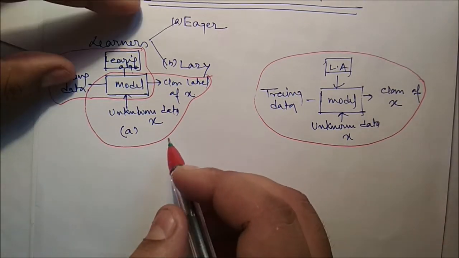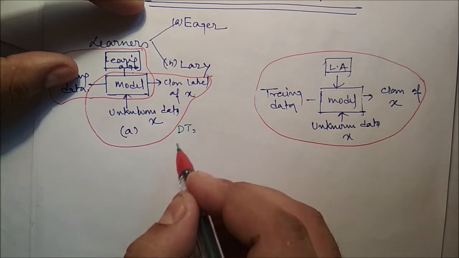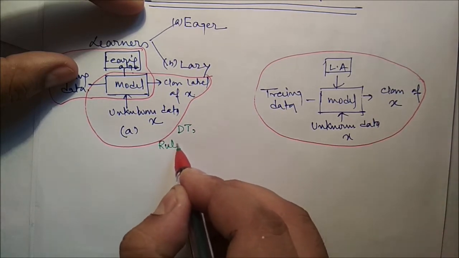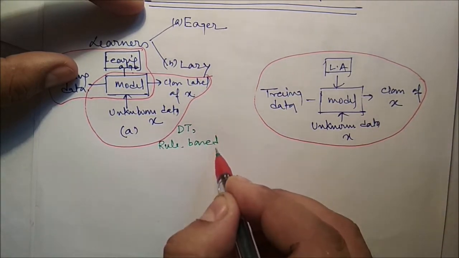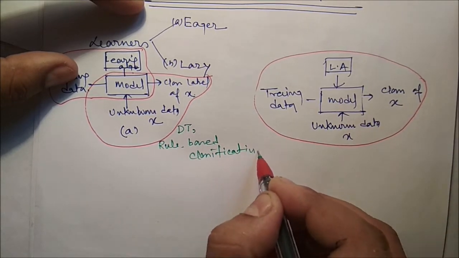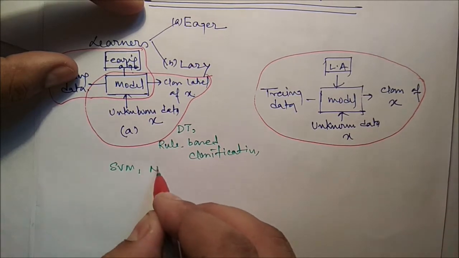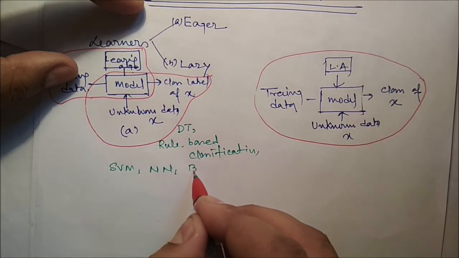Now examples of eager learners are decision tree, which we have already discussed, rule-based classification, support vector machine, neural network, and Bayesian classification.